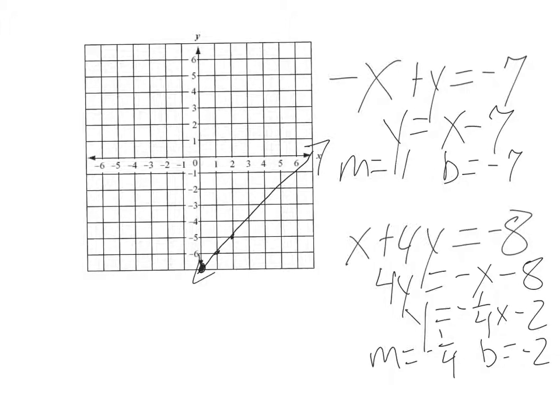Then for our second, our y-intercept is going to be at negative 2. And with this one, we have a slope of negative 1/4, so we're going down 1 and over 1, 2, 3, 4. Okay, so that's going to be about right there.